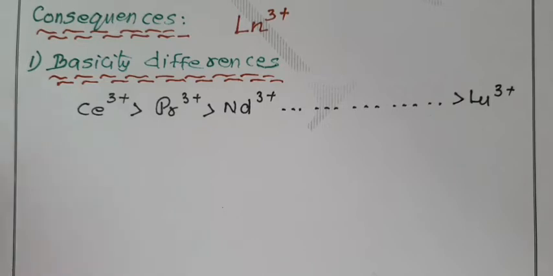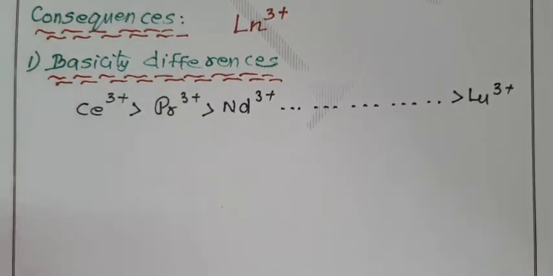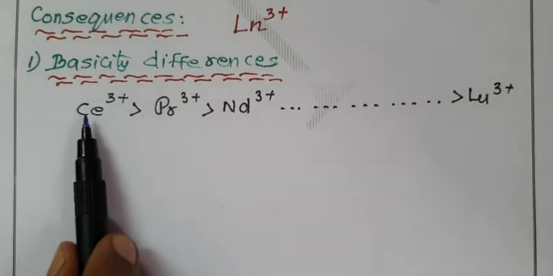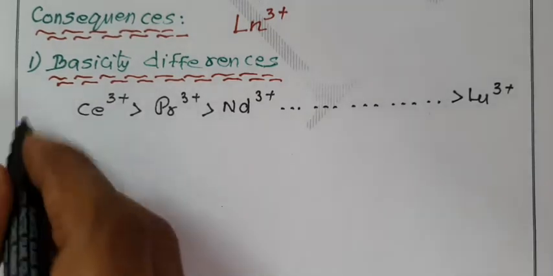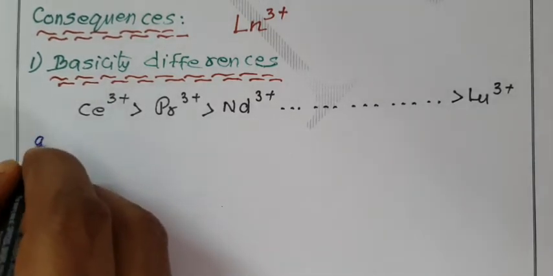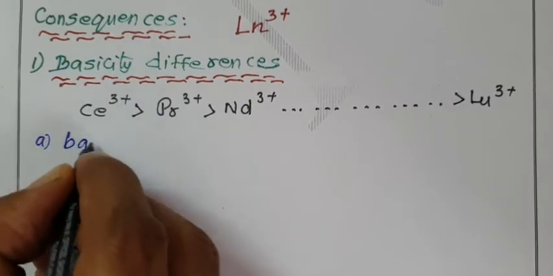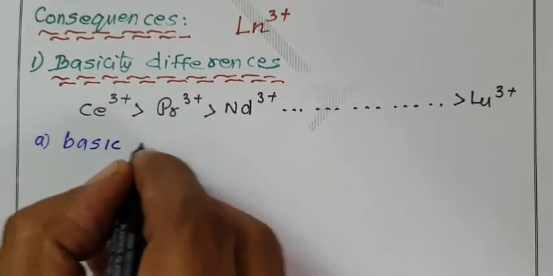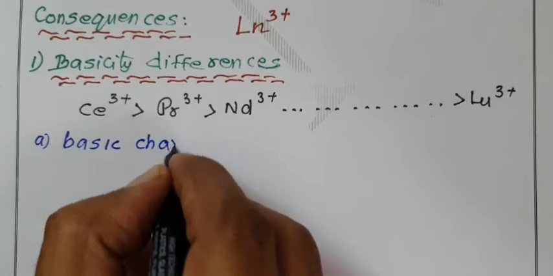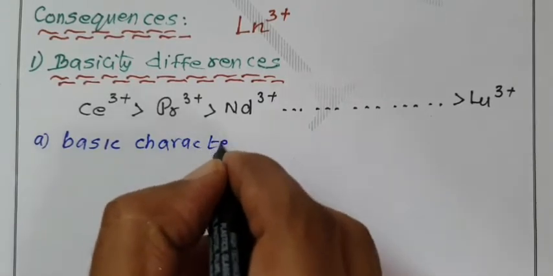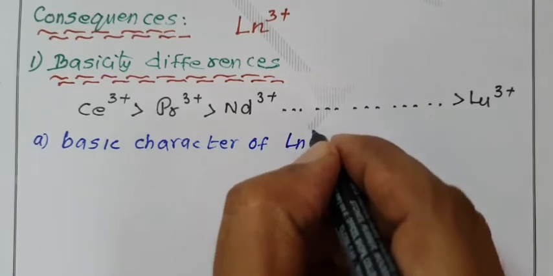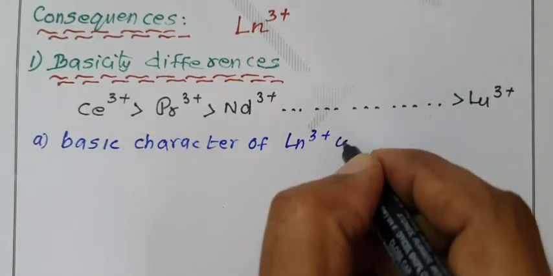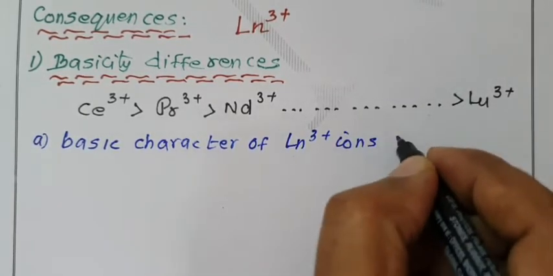As we move from cerium 3+ to lutetium 3+, the basic character of the common Ln3+ ions decreases.